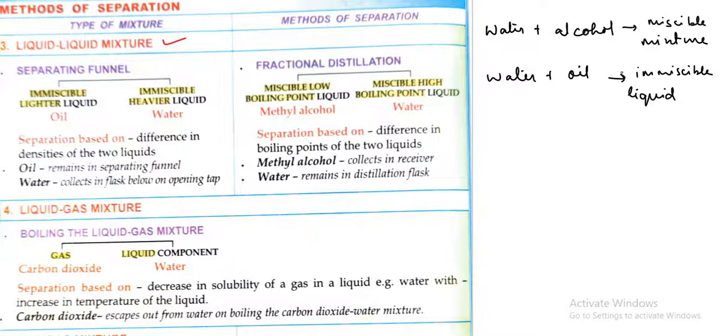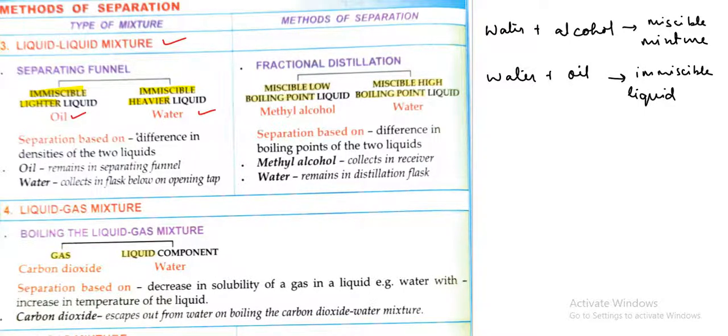Now if two immiscible liquids are there, here we have taken the example of oil and water. Oil is lighter and water is heavier. Both are immiscible, they do not mix with each other, but one is lighter and one is heavier.